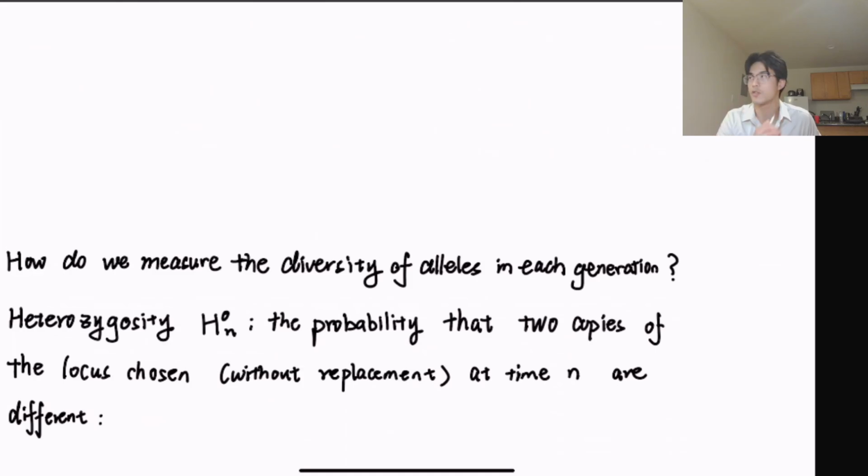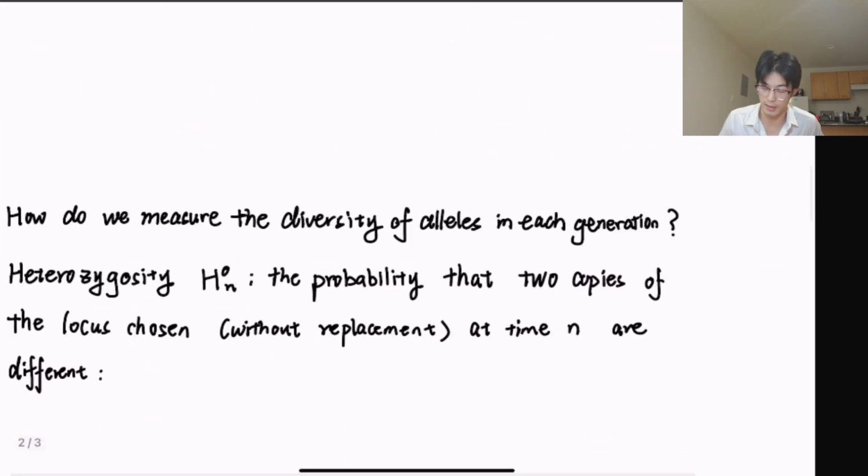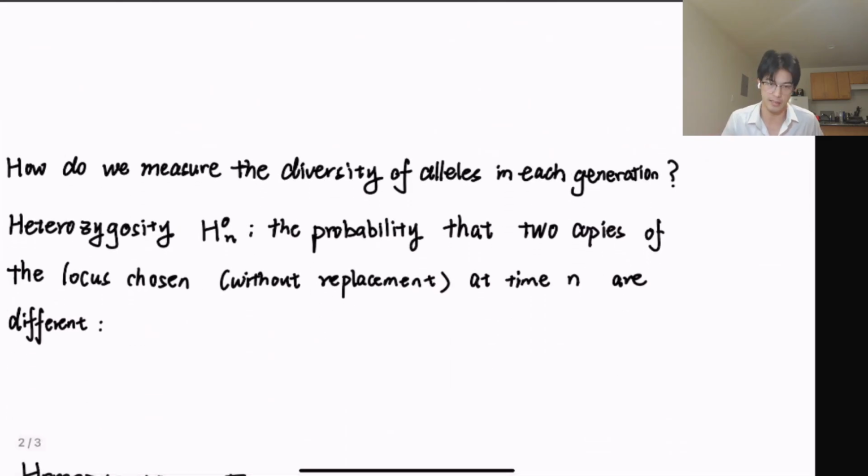So let me write down the definition of heterozygosity in mathematical form, which I think is easier to understand. We're still using the xn defined as before. For example, we have xn copies of big A and 2n minus xn copies of small a, right?